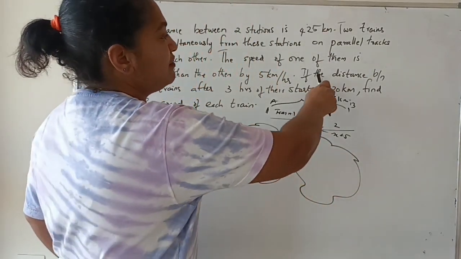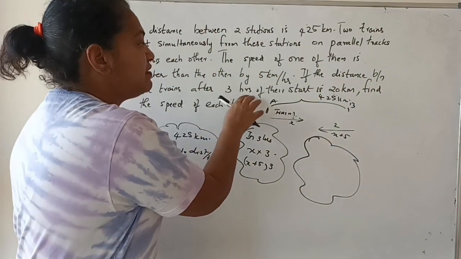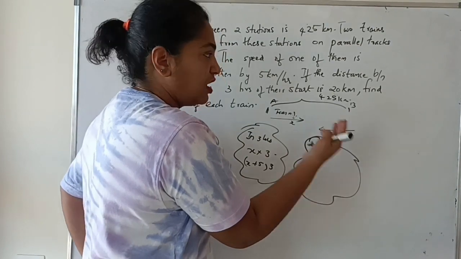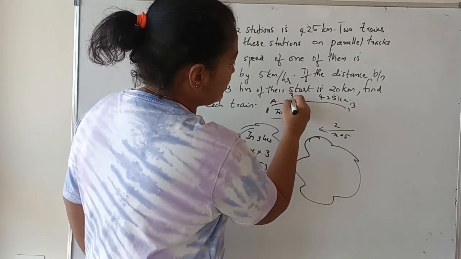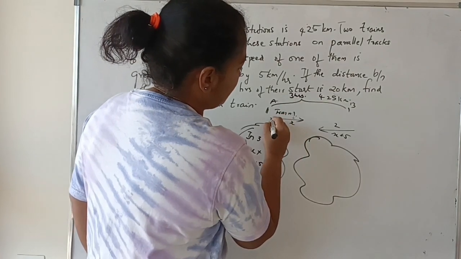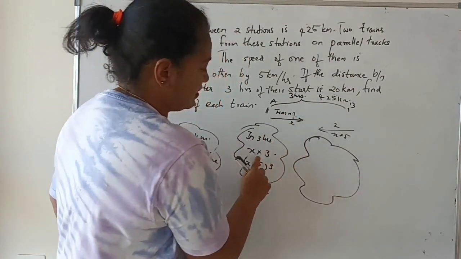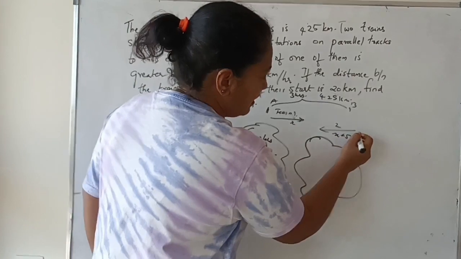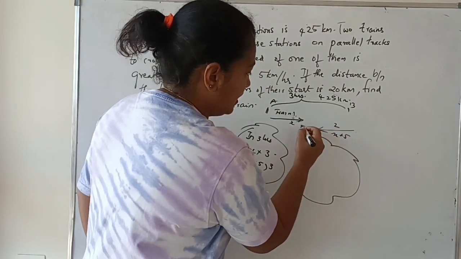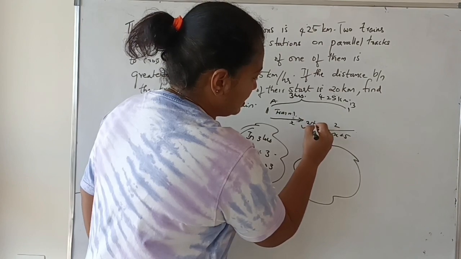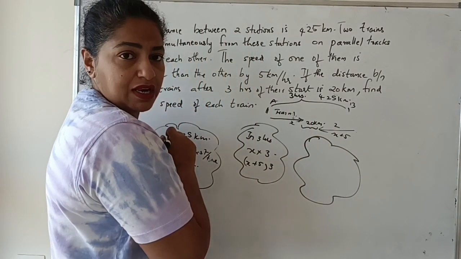It is said that the distance between the trains after 3 hours of their start is 20 kilometers, which means that after 3 hours of travel, the first train has traveled a distance given by 3x, the second train has traveled a distance given by 3 into x plus 5, and the distance between them is 20 kilometers. Correct?